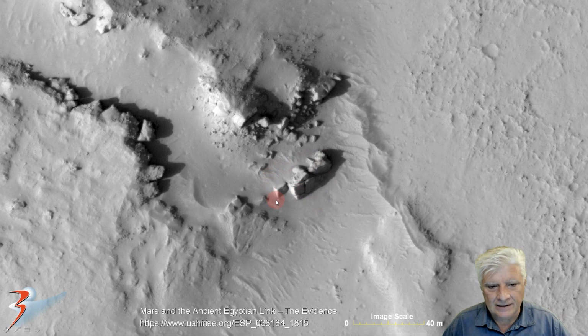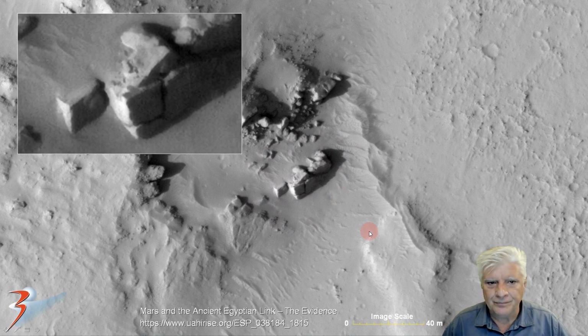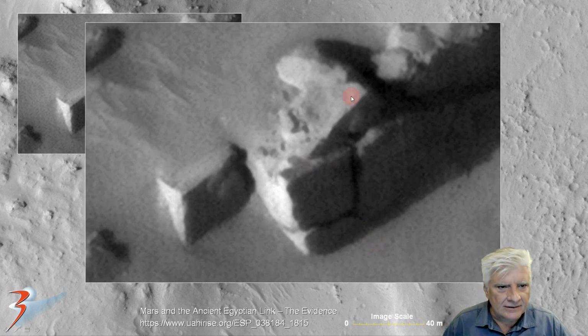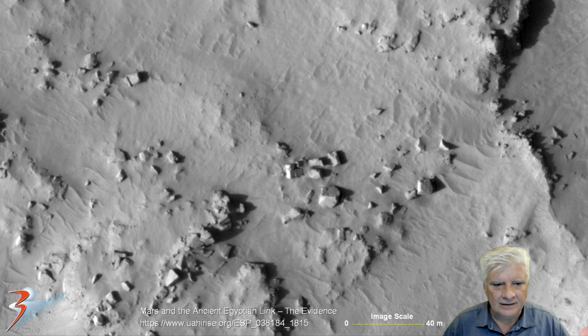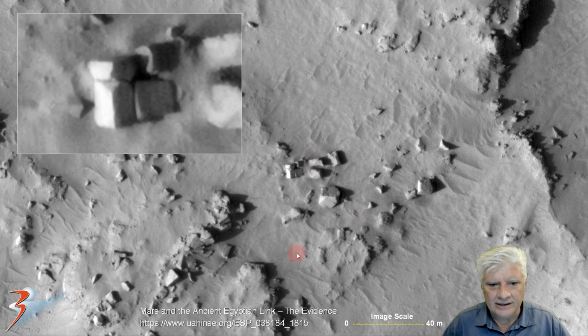Up next, we're looking at these megalithic blocks that we find close to the pyramid. Check out the similarity in size and shape. These still seem to be packed together. And there's even a triangular part on the top with a protrusion on the one side. We're looking at those blocks. Very interesting.